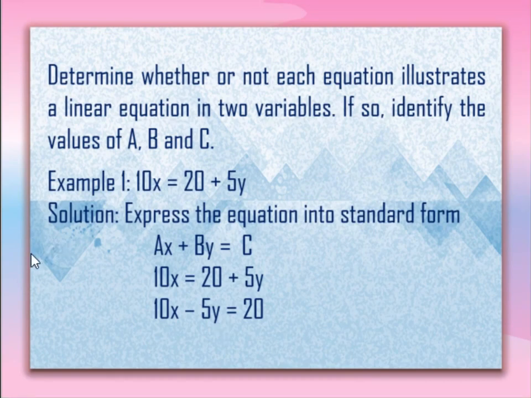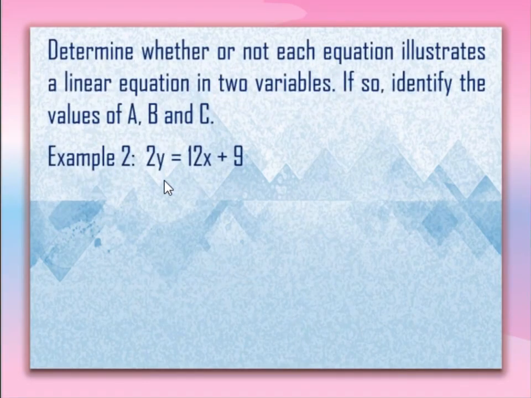Since this is in standard form and the exponents of the variables are in the first degree, we can say that this is a linear equation in two variables, wherein the value of a is equal to 10, b is negative 5, and c is equal to 20.